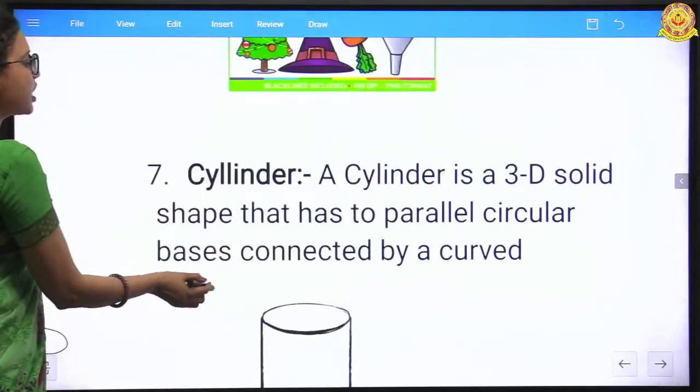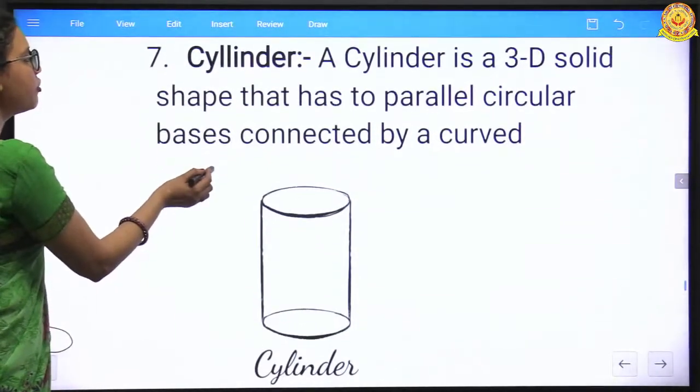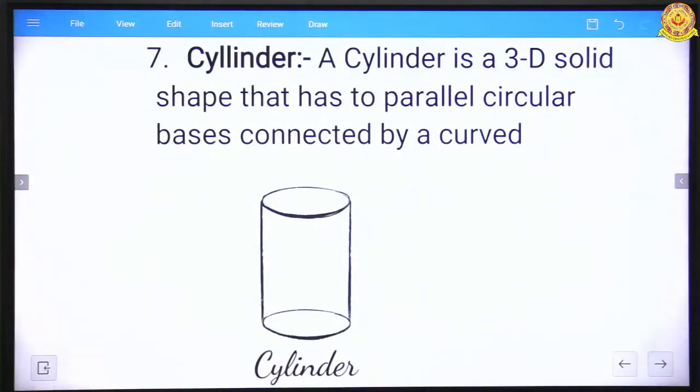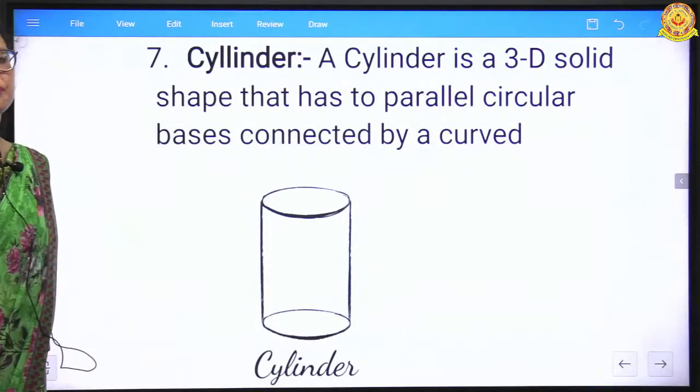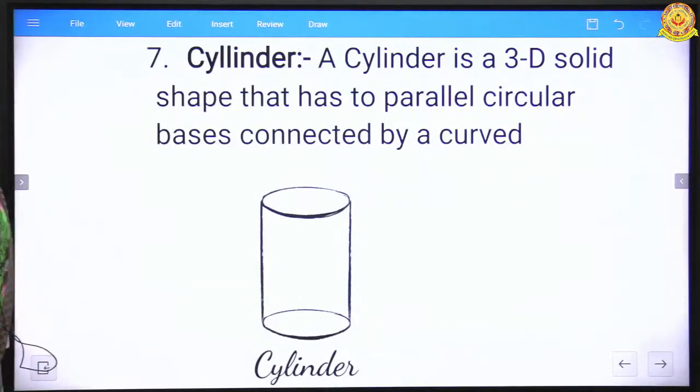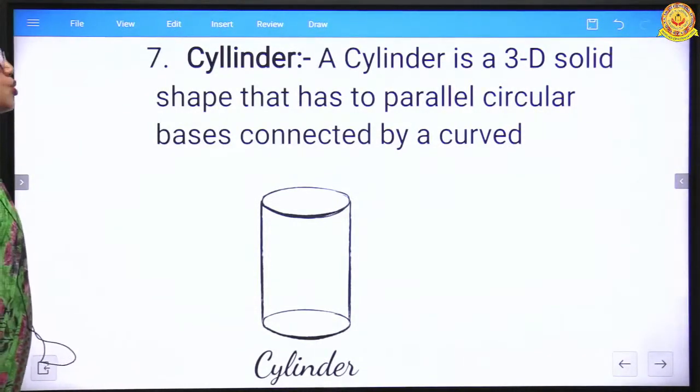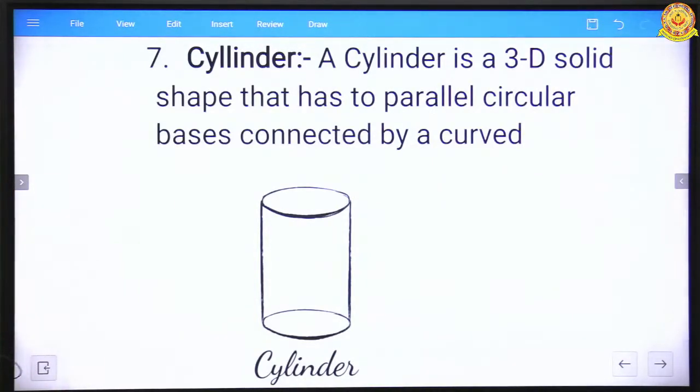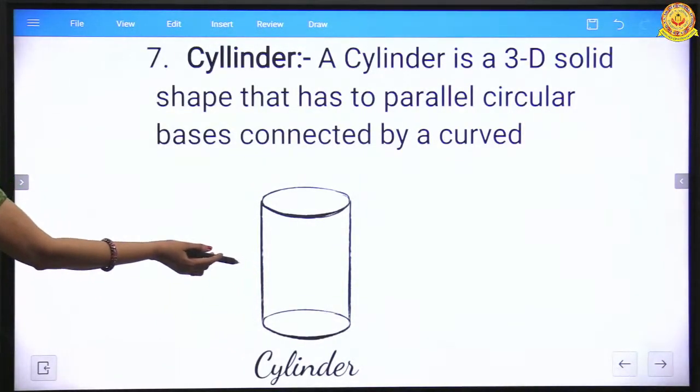Now take a look at our next shape, which is cylinder. Now what is a cylinder shape? A cylinder is a 3D solid shape that has 2 parallel circular bases connected by a curved surface. It is also a 3-dimensional shape.